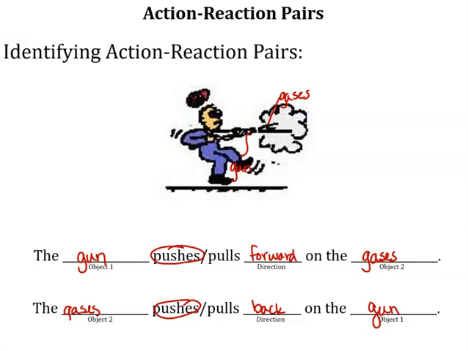And it's not really the bullet. You actually have the explosion going on inside, and it's the gases that are pushing forward on the bullet. This whole process we've written down is what recoil is. If you've ever fired a gun or seen a gun fired, when it kicks back, that's recoil. It's because the gun pushes forward on the gases and the gases push back on the gun.